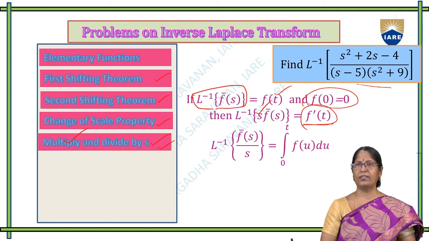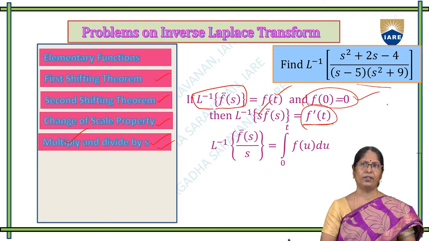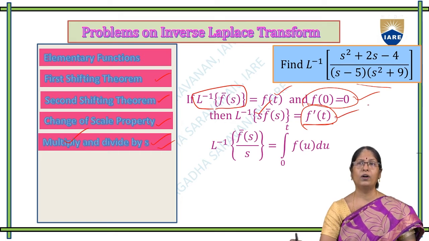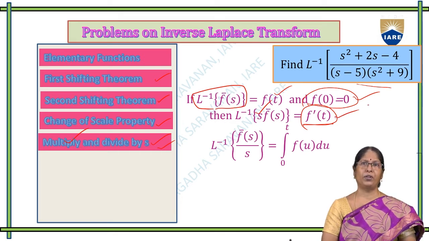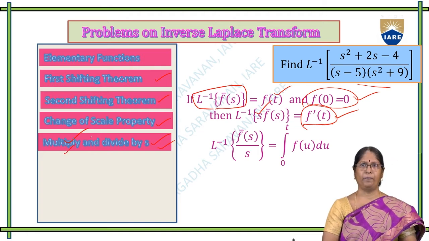The eligibility is nothing but f of 0 equal to 0, we have to get it. Then we will think over finding the first derivative, that is, applying the multiplied by s formula.